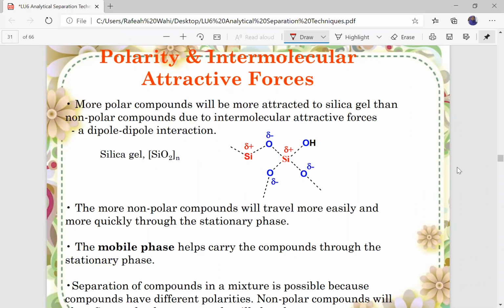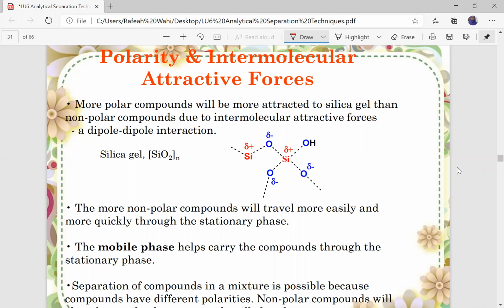All right. In thin layer chromatography, the stationary phase, as has been mentioned, is made of either silica gel or alumina. Okay, so silica gel and alumina are polar compounds, right? So how do we discuss the chromatographic separation based on polarity and intermolecular attractive force?